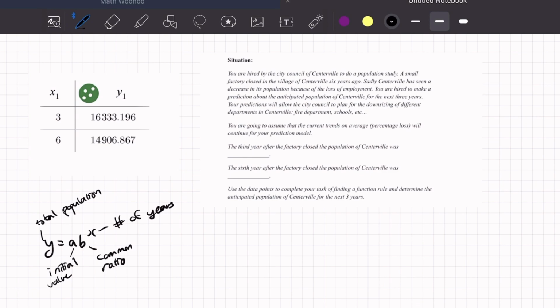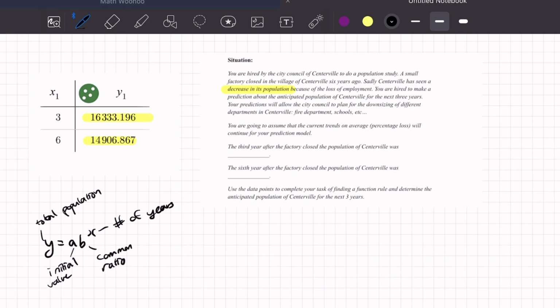So the first thing that we notice is, as shown in the table and in the situation, this function will represent an exponential decay because it is stated that there was a decrease in its population and the numbers have also decreased as the x value increased, which shows that there is a decay, in contrast to a growth where y values increase as x values increase.